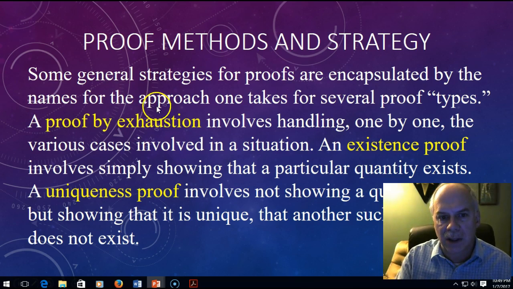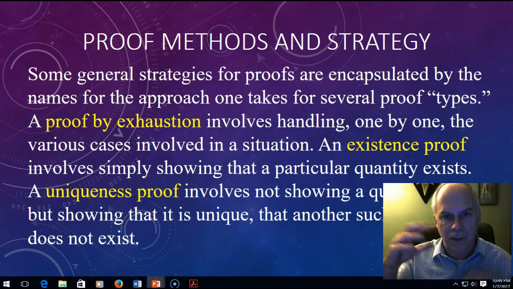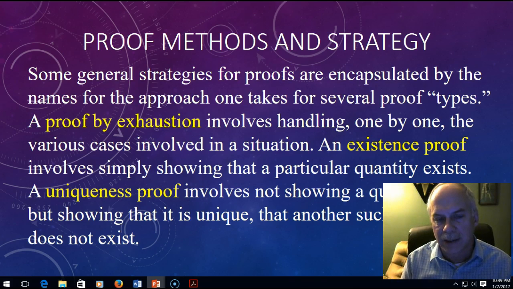So these general strategies for proofs are encapsulated by the names for the approach one takes for these types. A proof by exhaustion, or also called an exhaustive proof, basically handles one by one all the various cases that you would need to show to be true for a particular quantity.